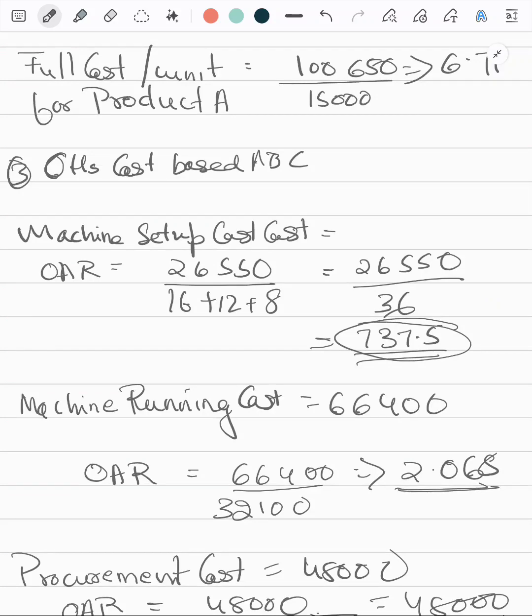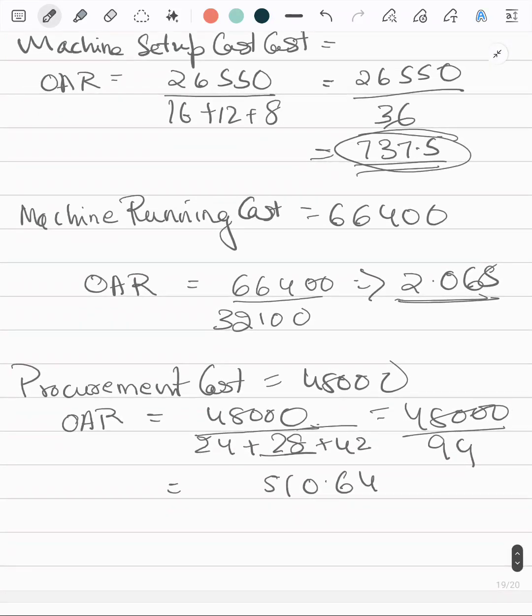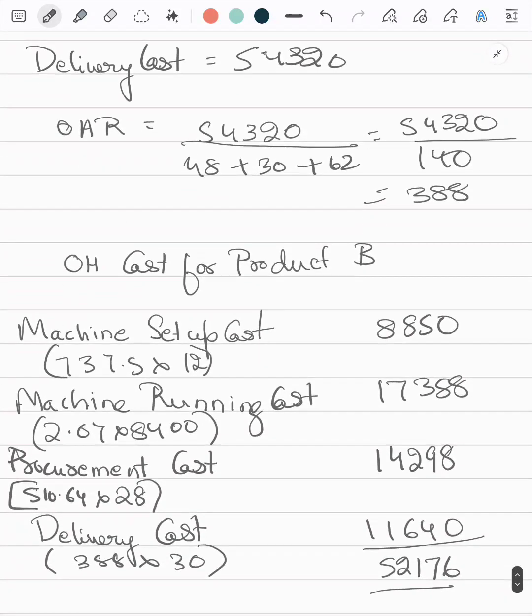I think it was based on the machine hours, and it was 2.068. So if I multiply that with the number of runs, right? How many runs are there? Production runs, that is 8. So obviously it will give me a lower cost as compared to the other products.